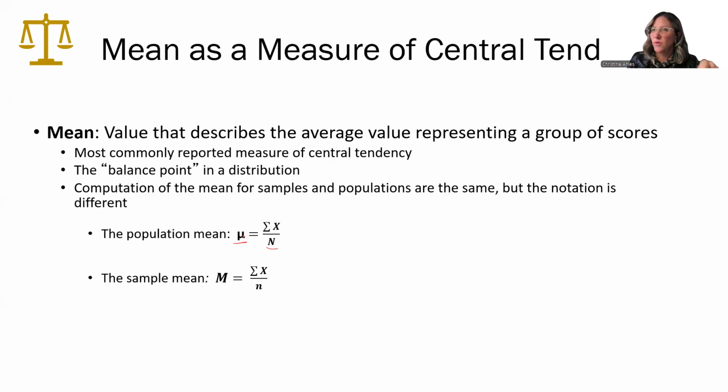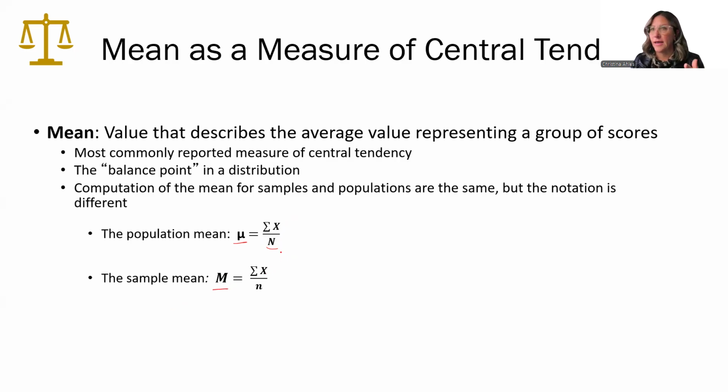It's like a U with a little tail on the front, and then the regular U loop in the back. This is what you use to report the population mean. It is the sum of x divided by the number of observations. That's all it is. It's really the same calculation as the sample mean, which is notated with a capital M, not a lowercase m, but a capital M.